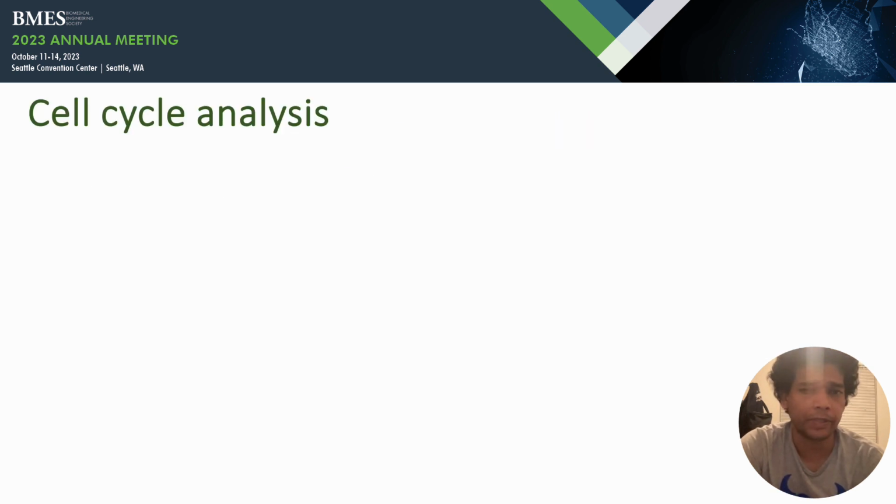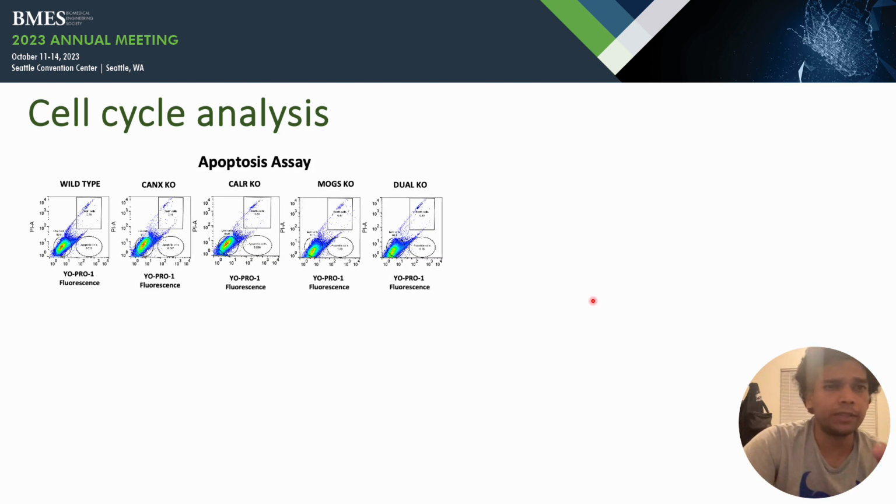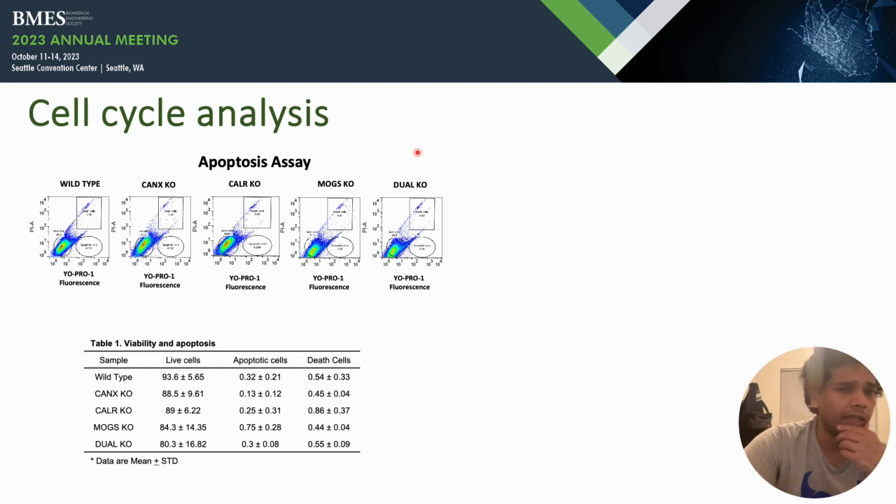Finally, we completed our studies with the cell cycle analysis. First we checked the apoptosis assay, and we were not able to find any significant changes in the apoptotic cells.